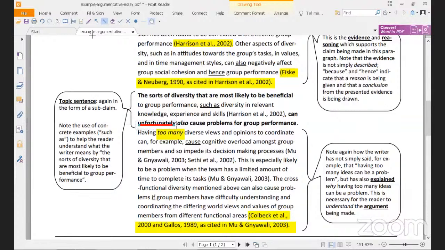This is essentially likely to be a problem when the team has limited amount of time to complete its tasks.